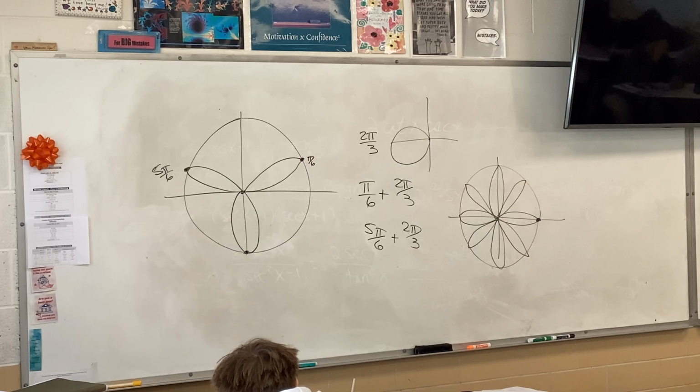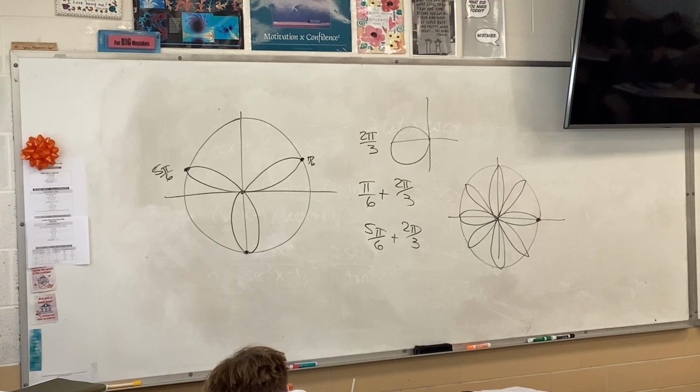So it looks like if the number alone is less than the number attached to the cosine, we're gonna have a loop. Would you agree with that? So with number 3, when A is less than B, it looks like we're going to have a loop on the inside.